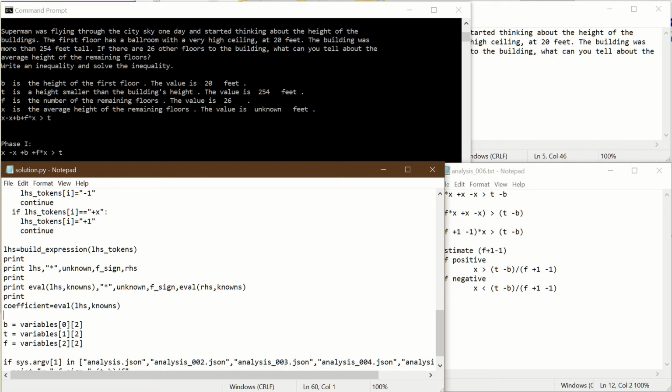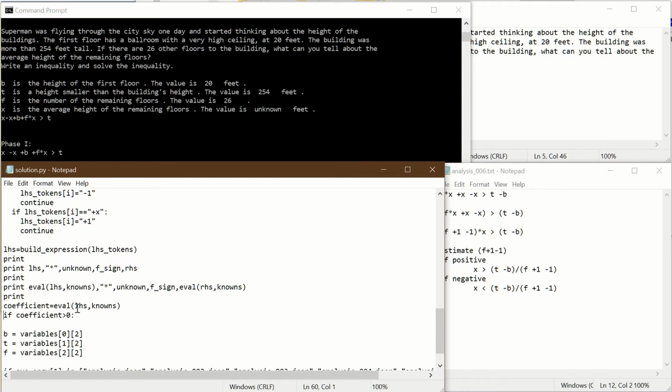Okay, now if coefficient is larger than 0, then I will print the solution, and that will be the unknown on the left-hand side, formula sign, and eval of RHS divided by coefficient. Okay, so that should be all.